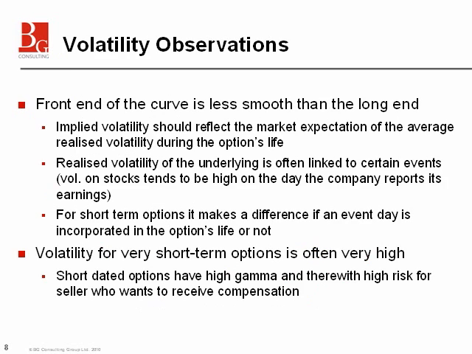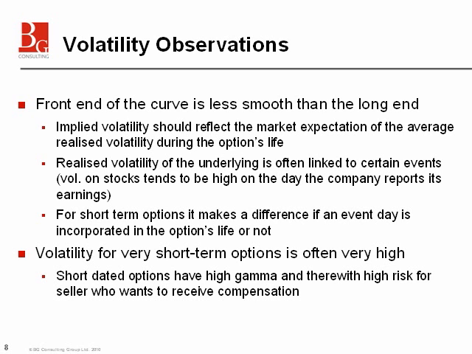What final observations can we make? Firstly, let us consider the front end of the curve. The front end is less smooth than the long end. This is because implied volatility should reflect the market expectation of the average realized volatility during the option's life. Realized volatility of the underlying is often linked to certain events.